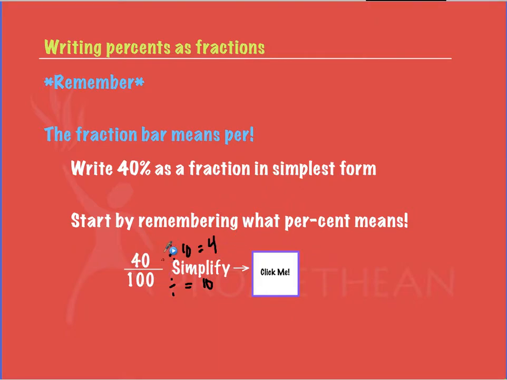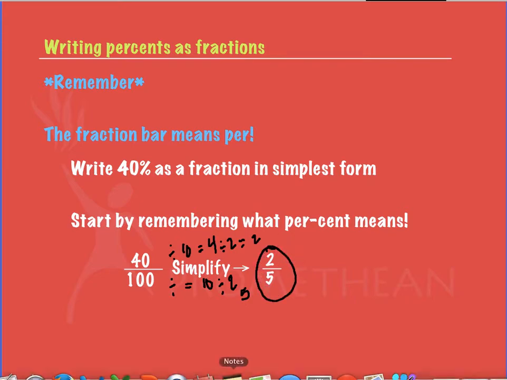Since we started with 10, which is just fine, here we get 2, and here we get 5. So 40% written as a fraction in simplest form is 2/5.